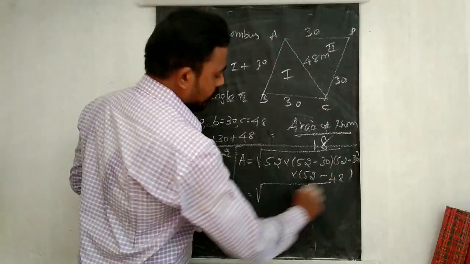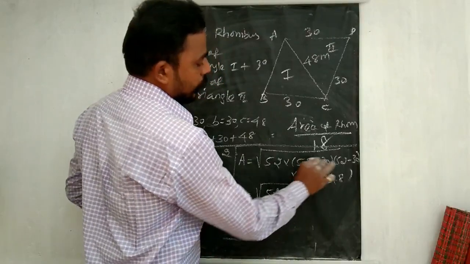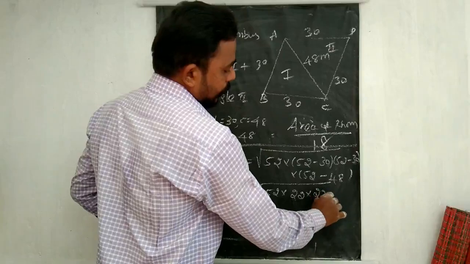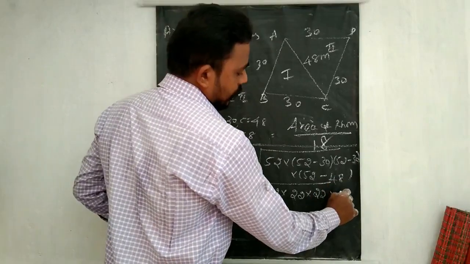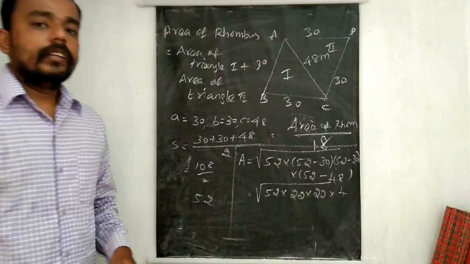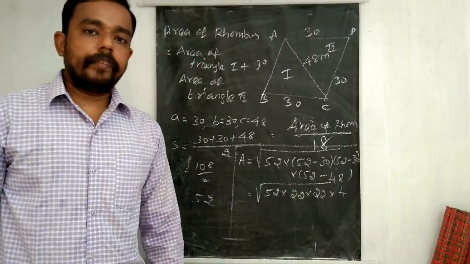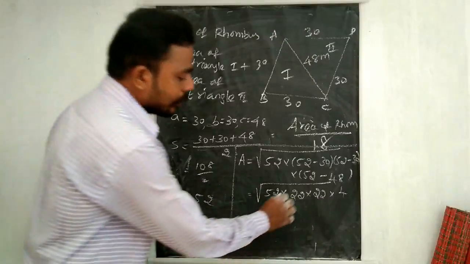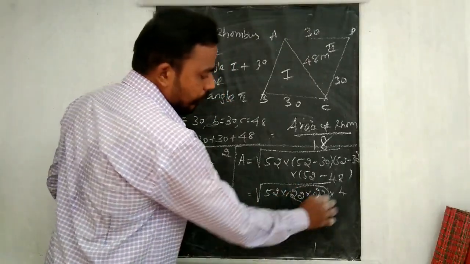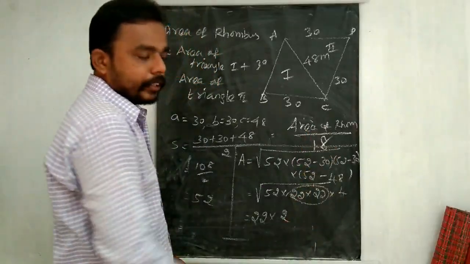So 52 minus 30 is 22, and 52 minus 48 is just 4. Don't split the term 22 by prime factorization, because there are two 22s. From these two I can write 22, and 4 is a perfect square, so I can write 2.